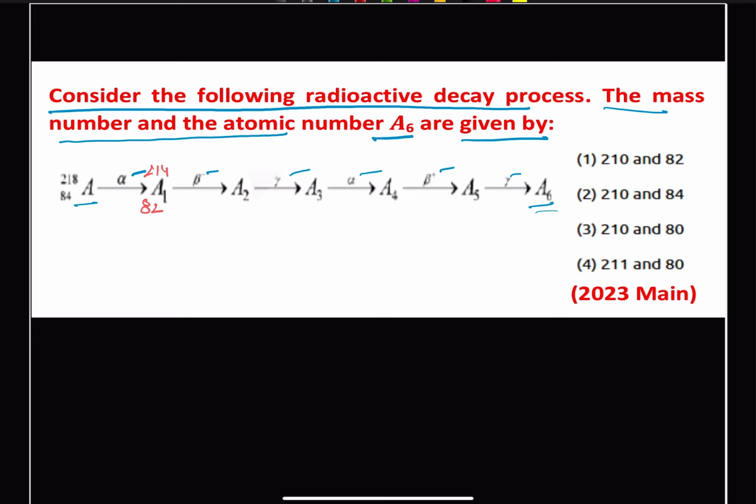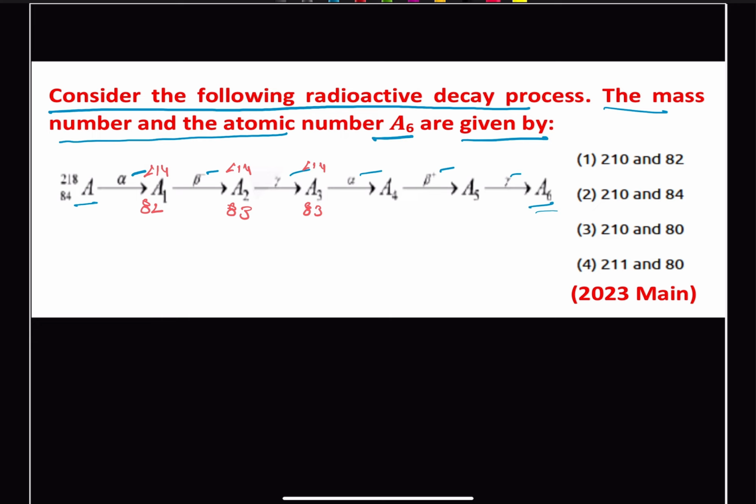For our A2 we have a beta negative, so A2 will give us 83 and its mass number will be the same. Then there is a gamma decay from A2 to A3, so our A3 will have atomic number 83 and the mass number will also be the same.